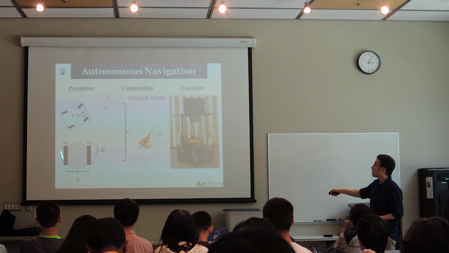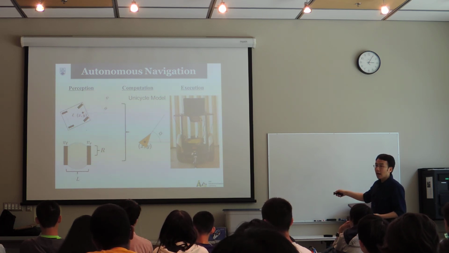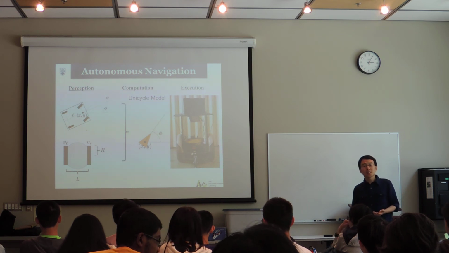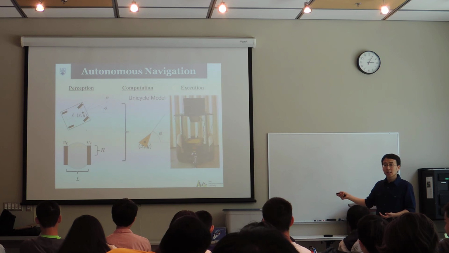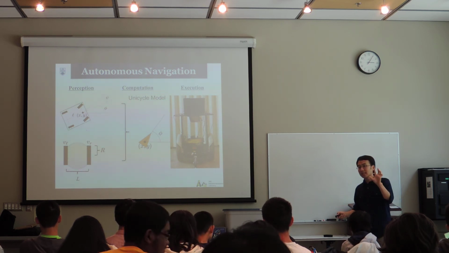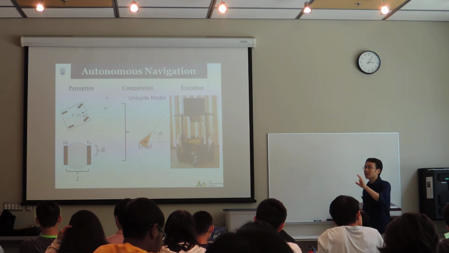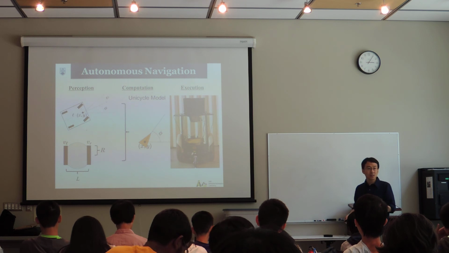I can just consider these two as one unicycle model, like here. And all of my algorithms can be done with this very simple model. This is the magic of the scientist. Sometimes you may see that, oh, it's very different, but actually the principle behind the different shapes is the same.